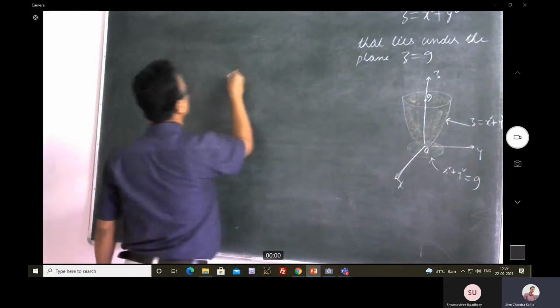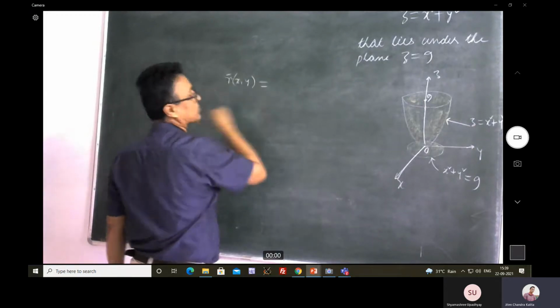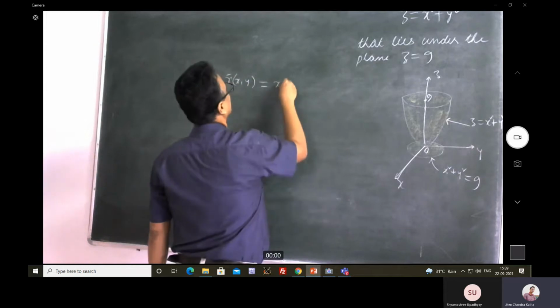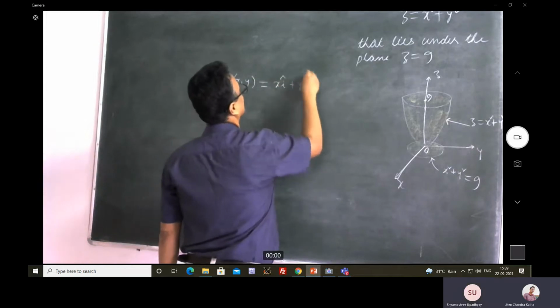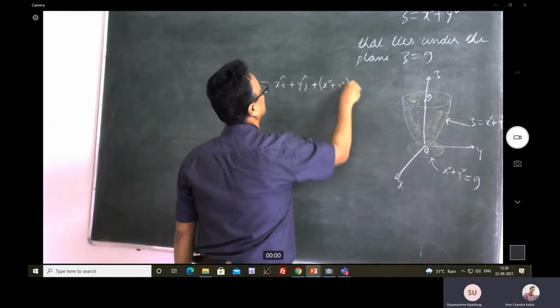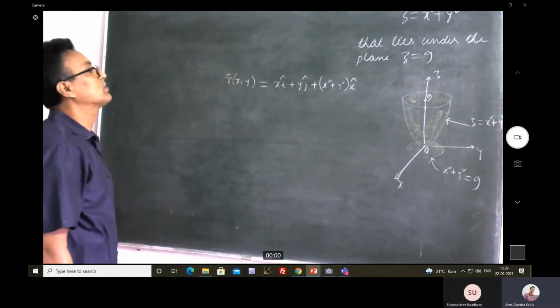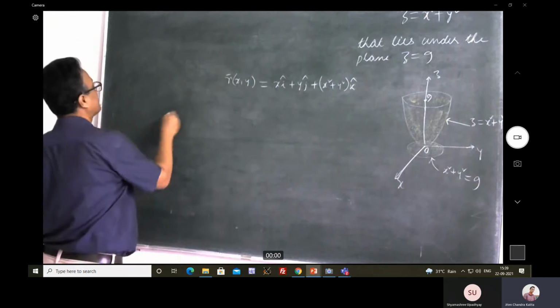So the parameterization is simply r of x, y, which is simply x, y, x squared plus y squared. Then, if I have to find out the surface area, what am I going to do?